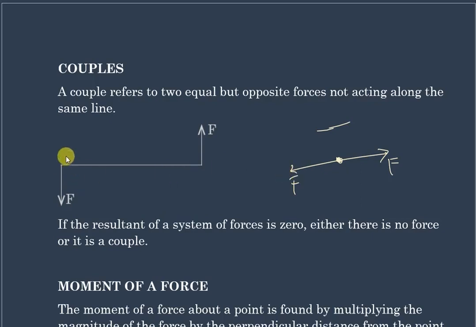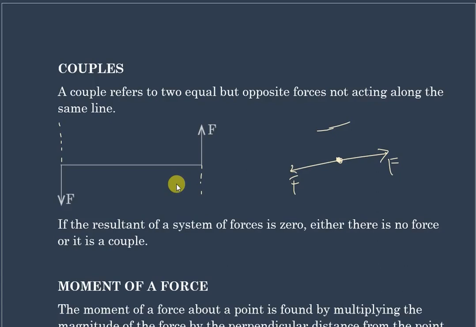But forces which are not acting along the same line, and they are parallel and they are equal, I say they constitute what we call a couple. So the line of action of this force is along with that, and it is parallel to this one here, and the forces are equal. What is special about a couple is that they create a rotation effect.